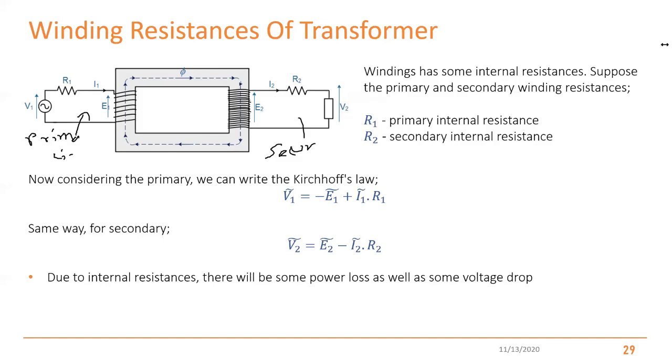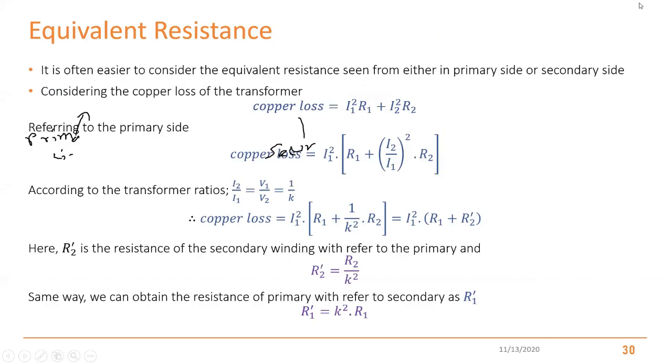That can be easily obtained by considering the equivalent resistance, considering the copper loss of the circuit. You can understand that the copper loss can be written as I squared R. For the primary, the resistor is R1 and the current is I1, therefore the loss in the primary is I1 squared R1.